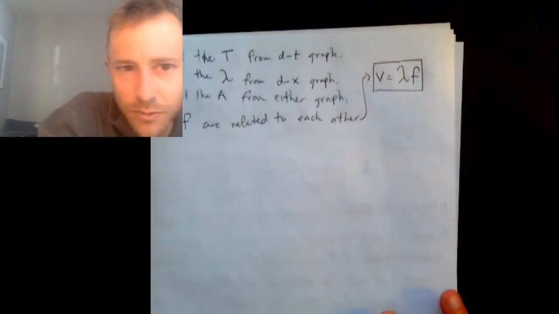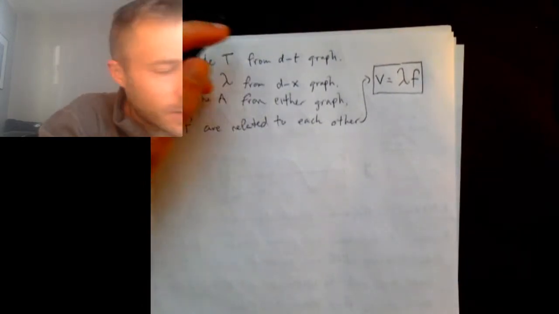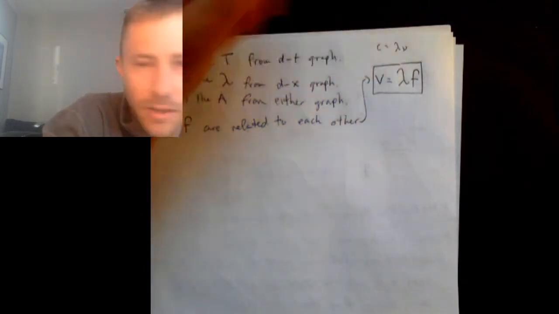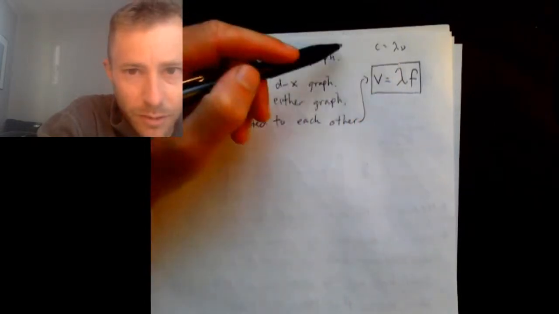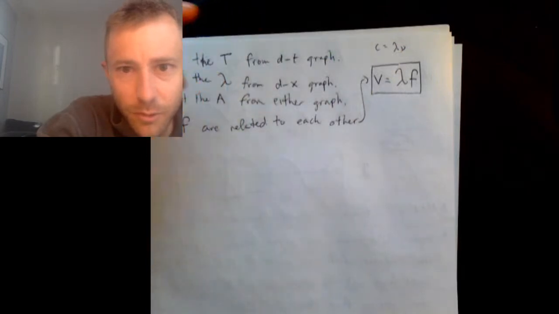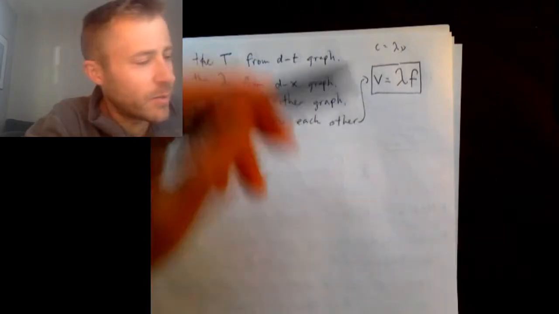It is v equals lambda f. You might have seen this equation in chemistry with regards to light waves. In chemistry, you might have seen it as c equals lambda nu, because c is the speed of light waves, and chemistry sometimes uses the Greek letter nu for frequency. Type it in the chat if you've seen that before. It's the exact same equation.